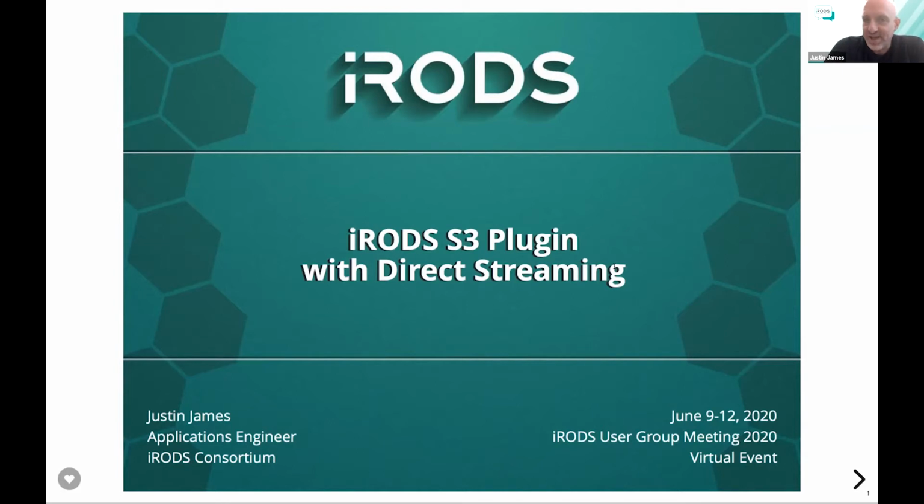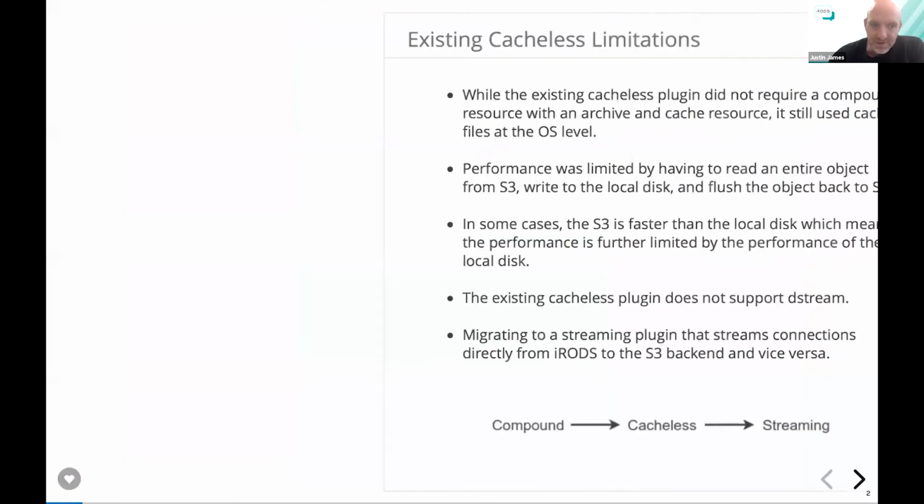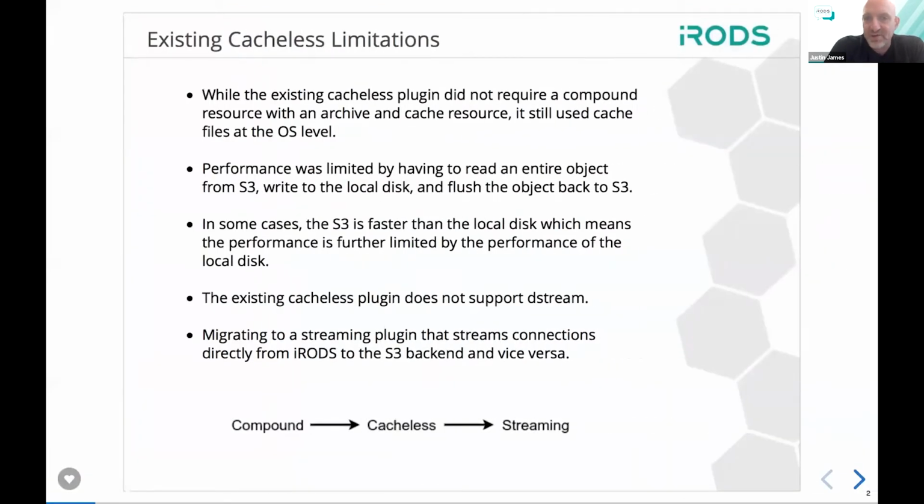So my talk today is about the new streaming version of the S3 plugin. Last year we enhanced the S3 plugin so that it could be used in standalone mode without a compound and cache resource.